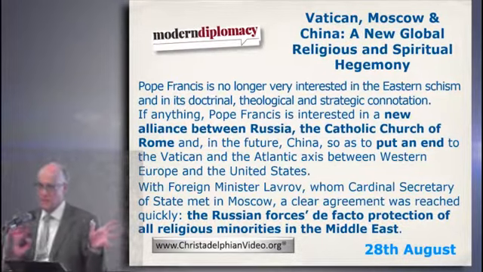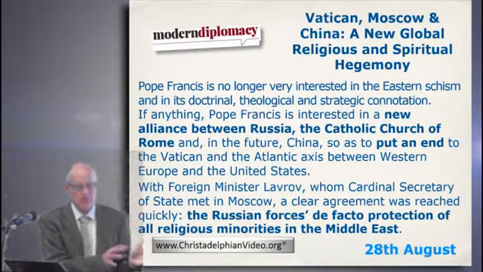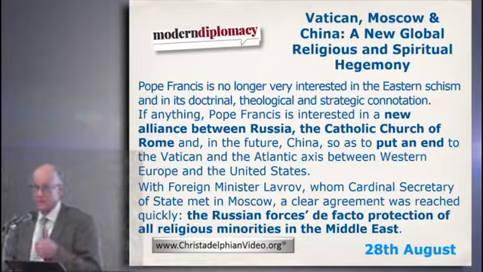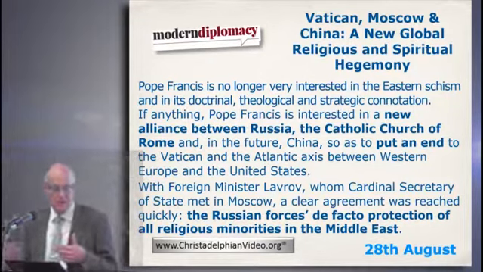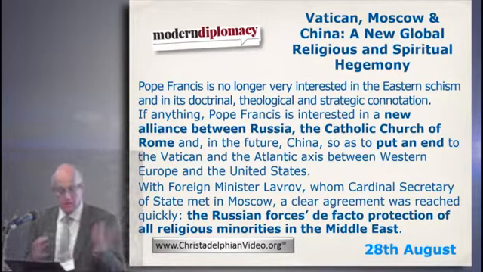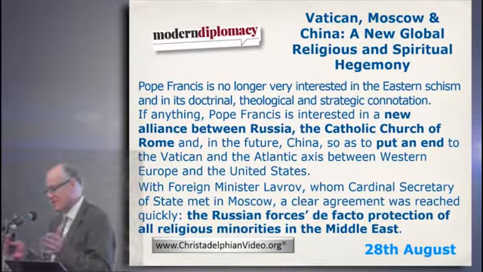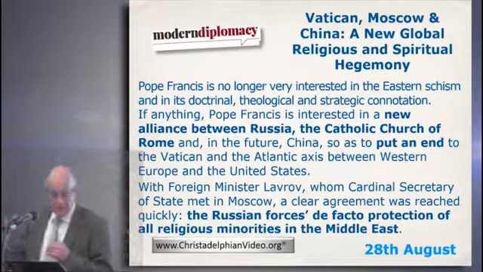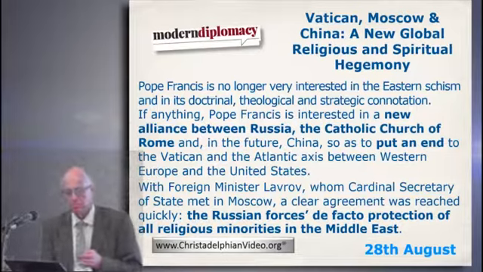In other words, he's given up on, say, an alliance with America. America isn't prepared to come to defend the persecuted Christians in the Middle East, whereas Putin is. So he's moved the Church's alliance to an alliance with Moscow, and working hard on bringing China in as well.